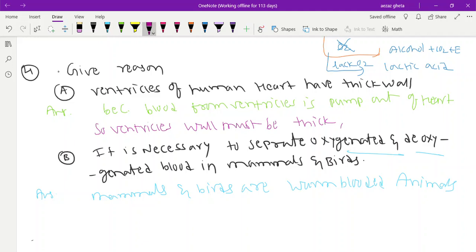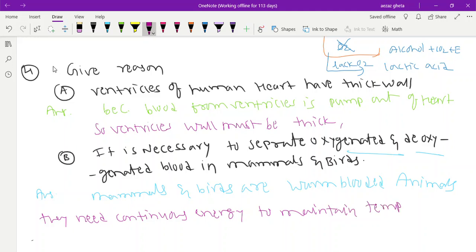So they actually need what? They need continuous energy. Why do they need continuous energy? To maintain temperature, because they are warm blooded.